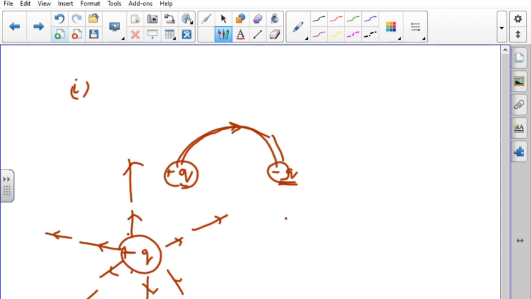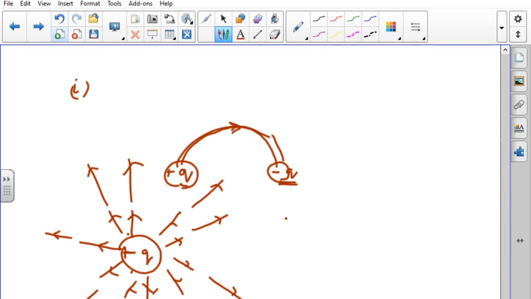In case a positive charge is placed in an isolated system, then the flow of electric lines will be as in the diagram you are able to see on the board. That means for a positive charge, electric field lines always start from it. Sometimes it ends at a negative charge if it is placed closer, or it may end at infinity.